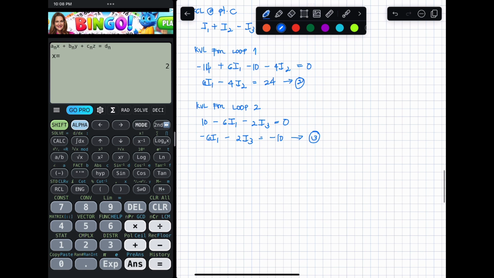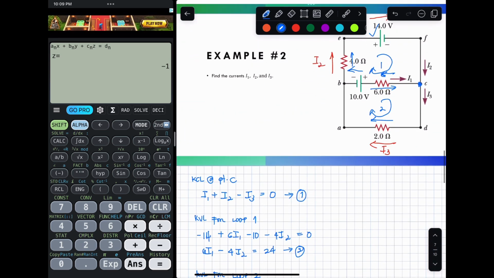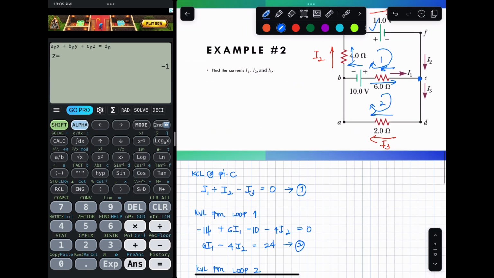So we have I1 to be 2 amperes, I2 is 3 amperes, and I3 is negative 1 ampere. That only means that we have a wrong direction for I2 and I3. I2 should be on the opposite side. So this should be I2, and then this should be I3.